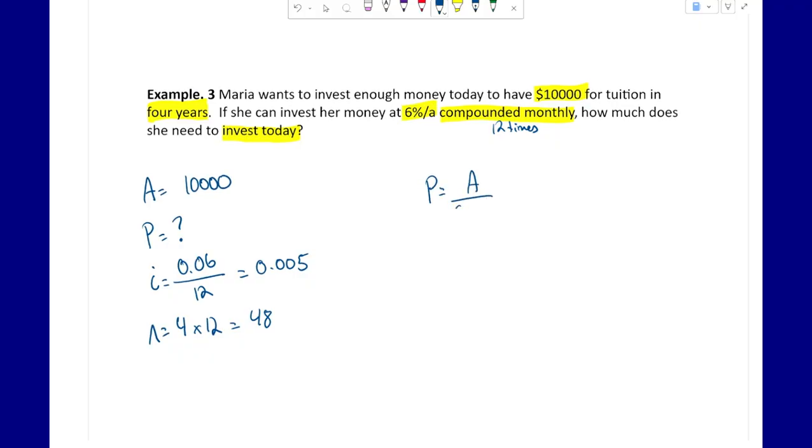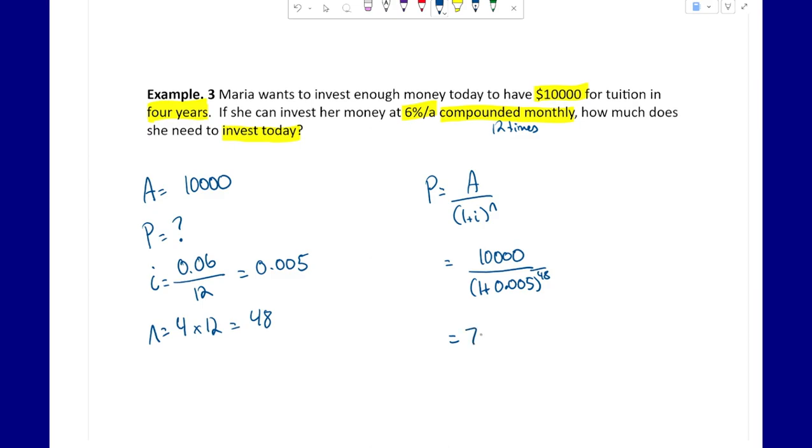Now we can plug this into our formula. A over 1 plus I to the power of N. 10,000 divided by 1 plus 0.005 to the power of 48. Type this into our calculator, and then we get 10,000 divided by 1.005 to the power of 48.